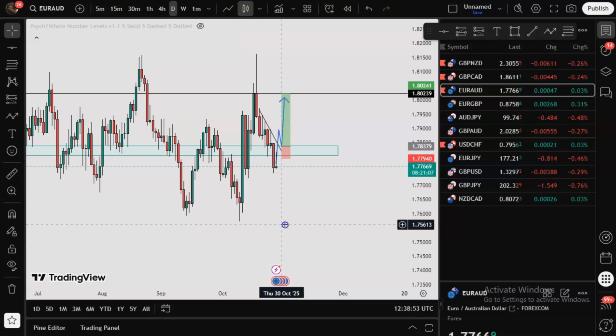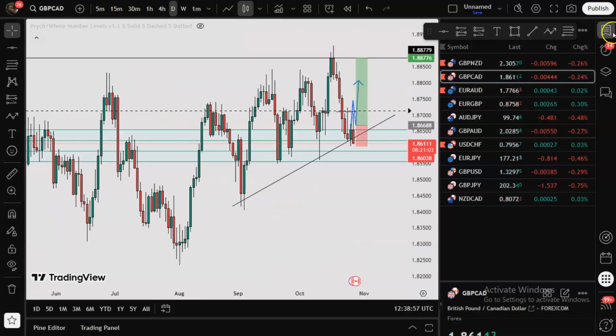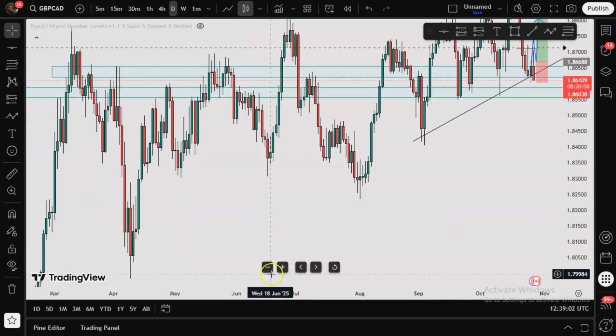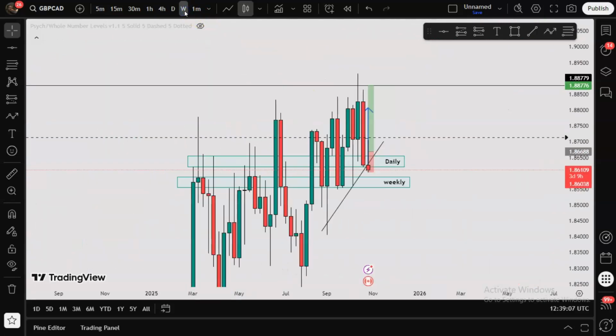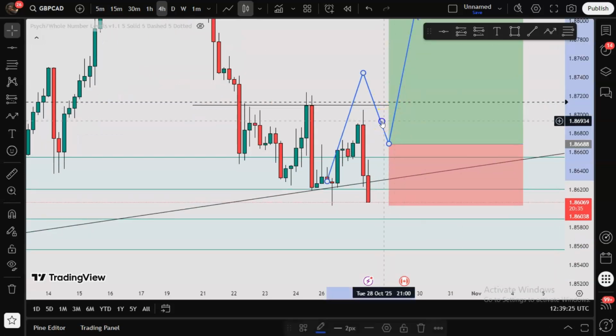So yeah, and I have another setup on British pound CAD. The same scenario over here. I marked out my barriers, the direction of the market on the weekly and the daily, and then I wait for my targets. I draw my trend line liquidity on the forward chart, and then I target my trend line liquidity as take profit. So these two, the same thing is going on.